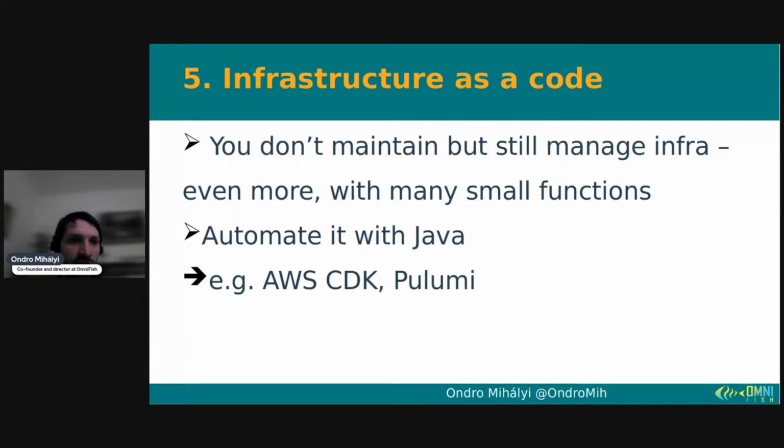You can use AWS SAM, which I think uses YAMLs, not XMLs. And you can also use Terraform, which is a general tool that supports many cloud providers and many services.